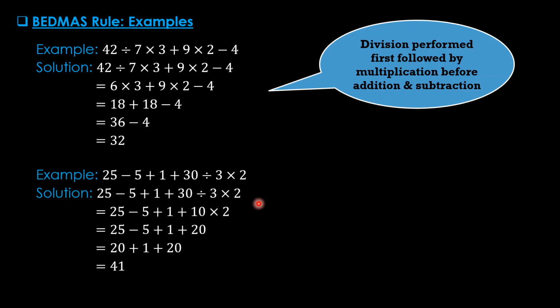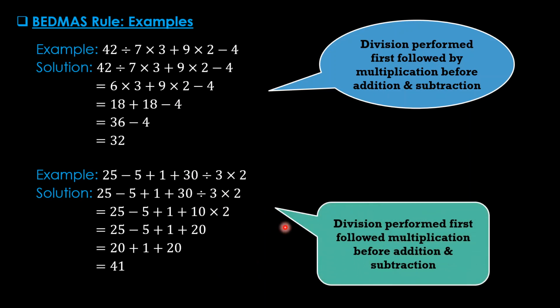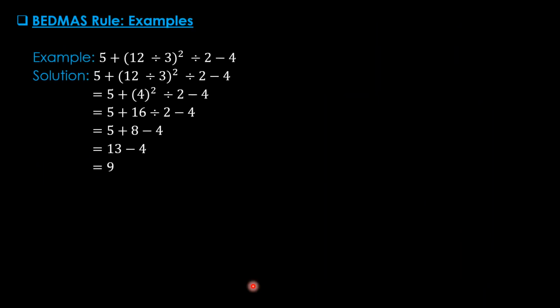Example 2 here, very similar to this one. Here also we do the division performed first, followed by multiplication before addition and subtraction. So very similar, you can follow this. Next, there is one more example here. We have to take care of this bracket first, then the exponent.